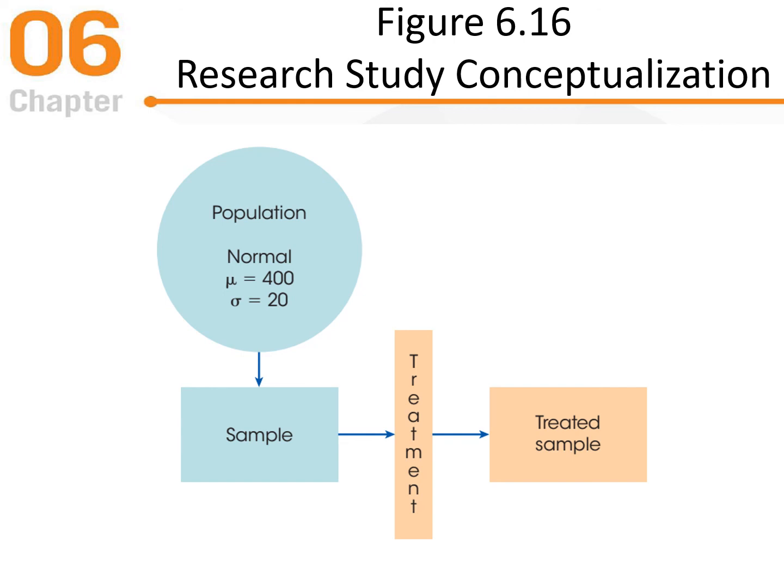So if that sample is 450 and the standard deviation is relatively small, then it's probably different, right? The treatment did work. If that sample is 410, then it's not big enough, right? So it depends on your standard deviation and your sample size as to how far apart the mean has to be.